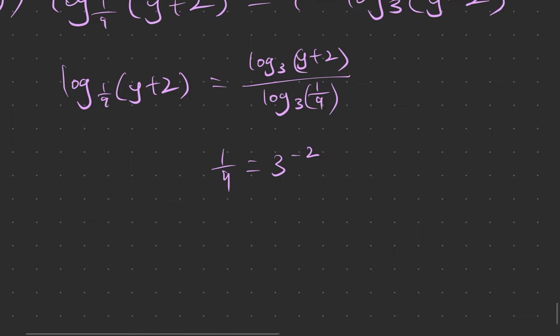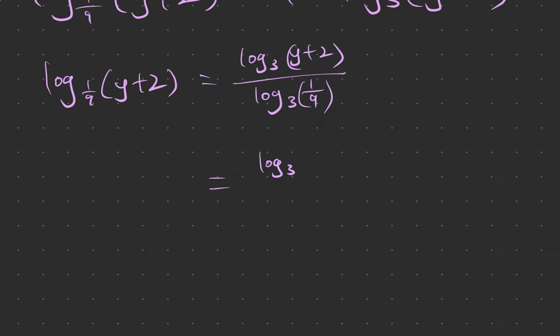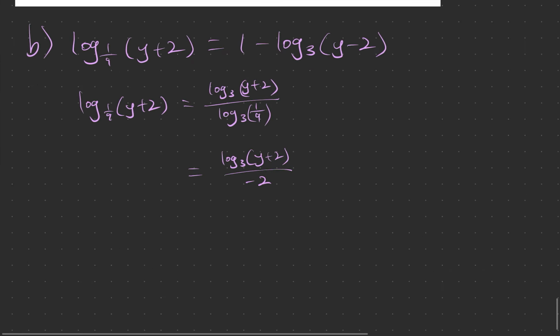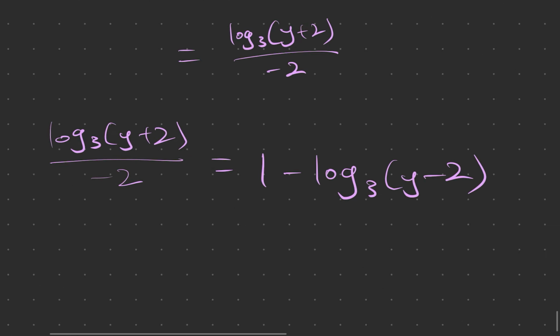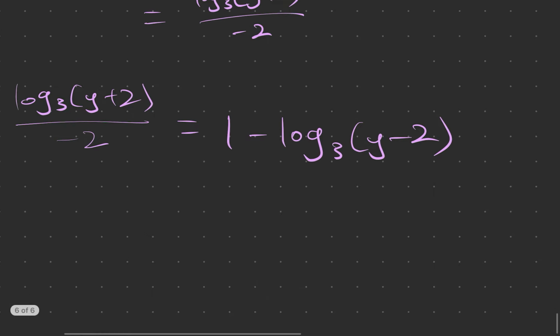So this will give me log base 3 of y plus 2 over negative 2, because log base 3 of 3 is just 1. So I'm going to write that value back into the original equation. Oops, my bad: log base 3 of y minus 2. Now I'm going to multiply all sides by negative 2.